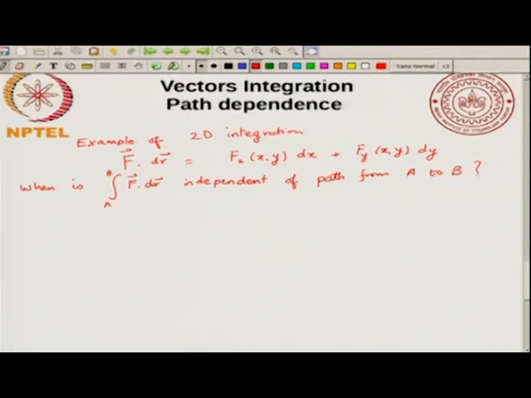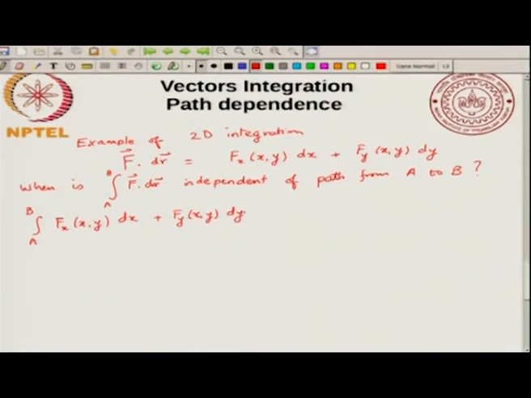Now you can see this in many ways, but let me motivate it in the following way. Suppose I expand this out, so I have the integral A to B, and if I write the explicit expression for F, I have Fx of (x,y) dx plus Fy of (x,y) dy.